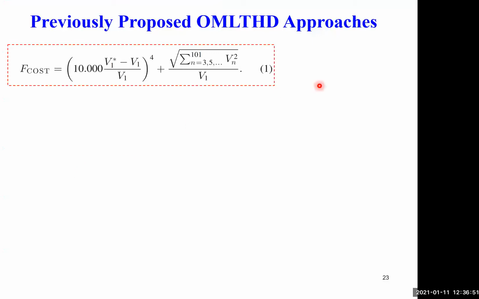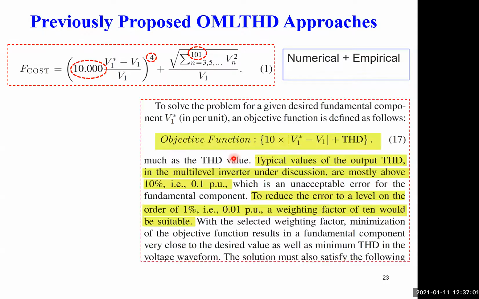As for OM-LTHD approaches, as you can see, these authors use a numerical approach with empirically selected coefficients. These authors decided to set W1 to 10 and W2 to 1, justifying this heuristically selected scalarization weight as the output THD of the discussed inverter is mostly above 10%, which is incorrect, unfortunately.